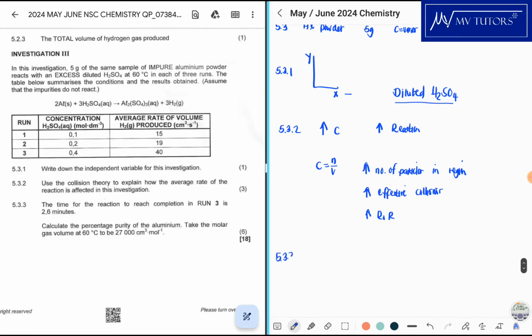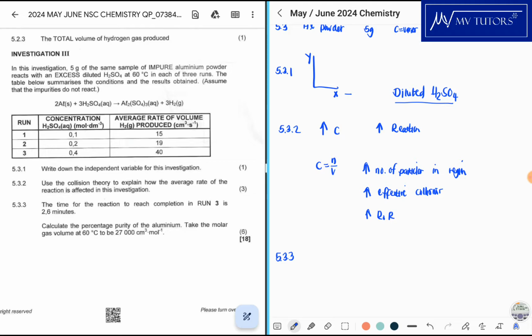And then now 5.3.3, the time for the reaction to reach completion in run 3 is 2.6 minutes. Calculate the percentage purity of the aluminium. Take the molar gas volume at 60 degrees to be 27,000 cubic centimeters per mole. Whew, okay.